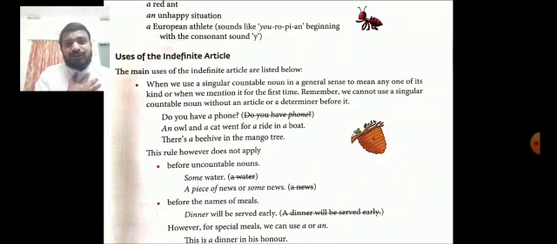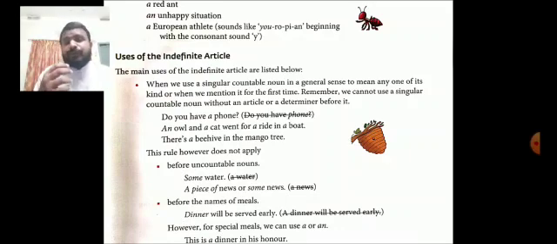Most of the time, even I make the mistake. Whenever we use a singular countable noun, we need to use the article. For example, do you have a phone? Many times we ask, do you have phone? But the original usage is, do you have a phone?